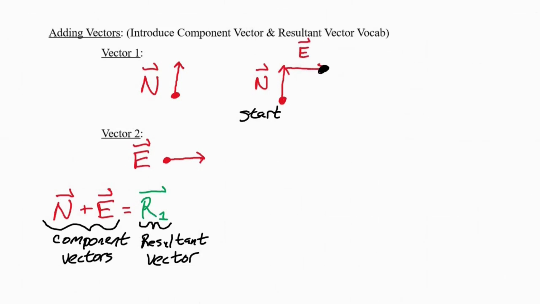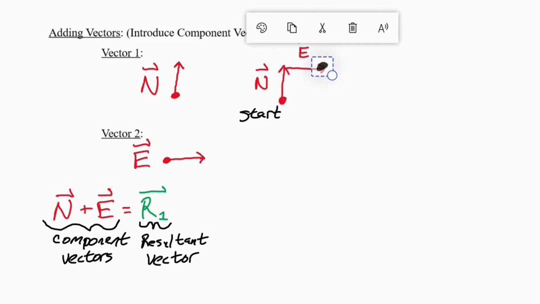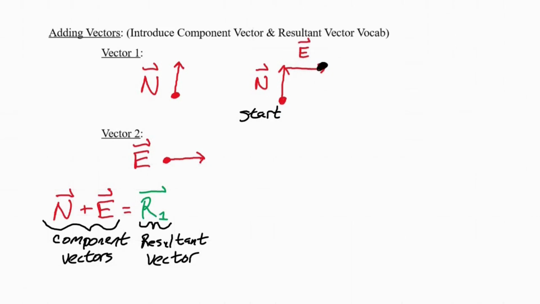Okay, so, well, what's the result? Hey, you know what? The dot went from here to over here. And that's the end, right? Well, the result is it went from here and it ended up over here. This is our result. This is our resultant vector.